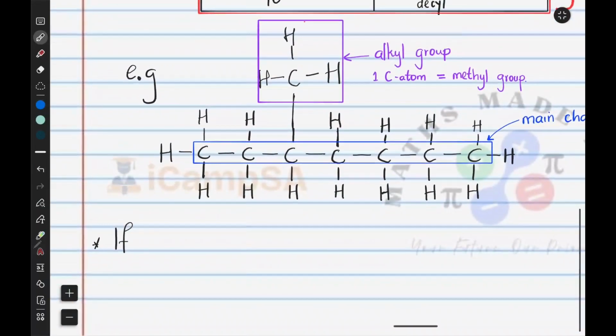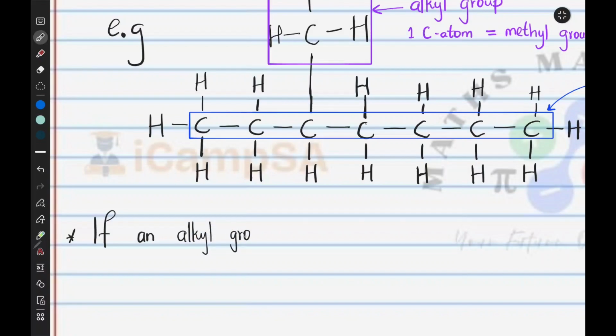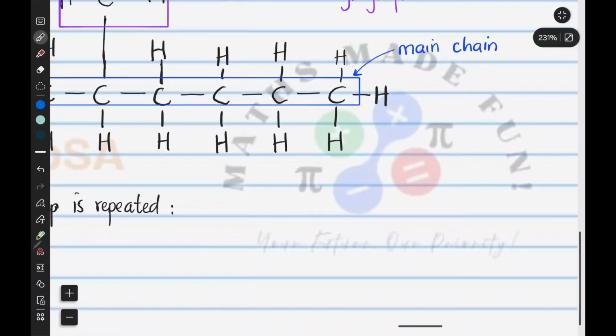All right, so let me write it down. If the same alkyl group is repeated, we use Greek prefixes.